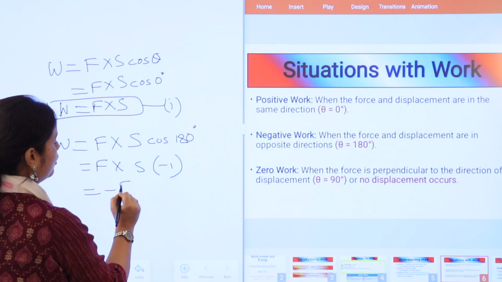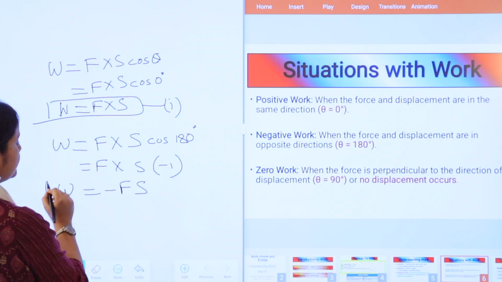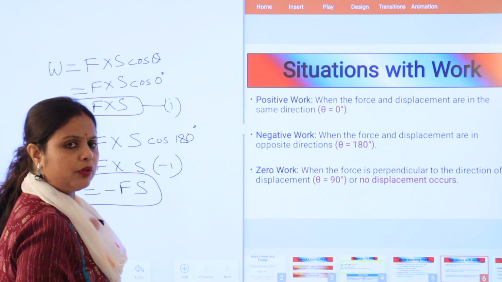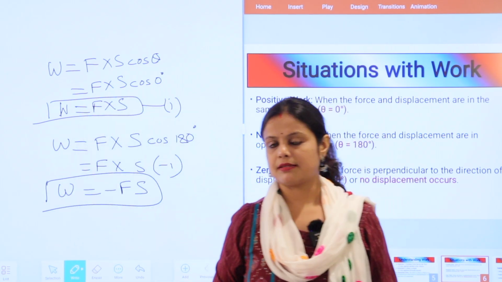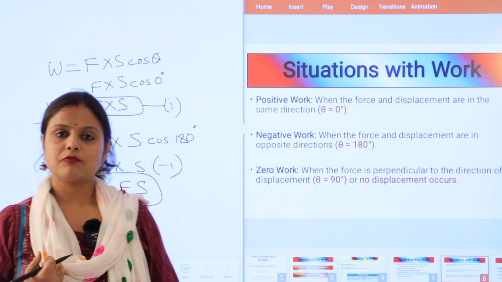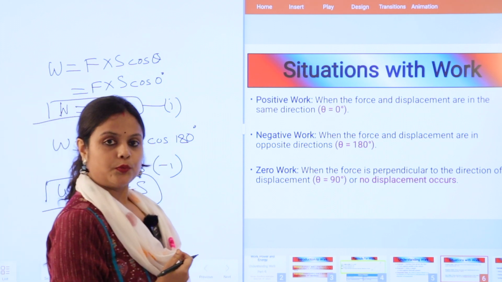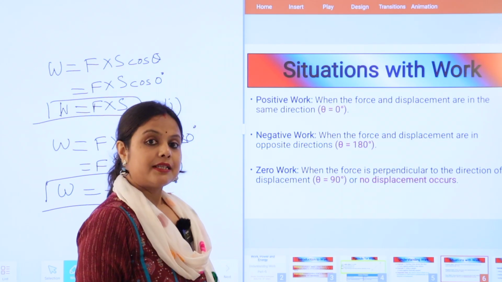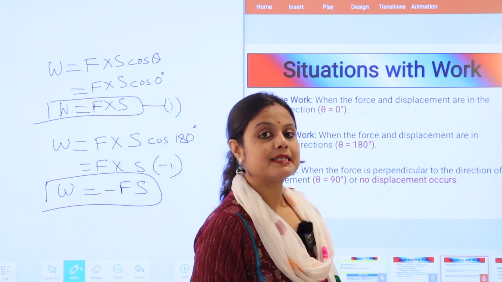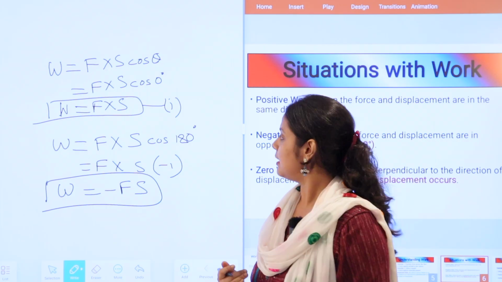We have negative work done over here. Now you may be asking me, is negative work possible? Yes. For example, when we are walking on the floor, we need to push the ground backward, isn't it? That's the force of friction. In that case, negative work is done.